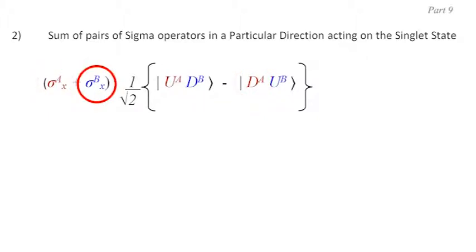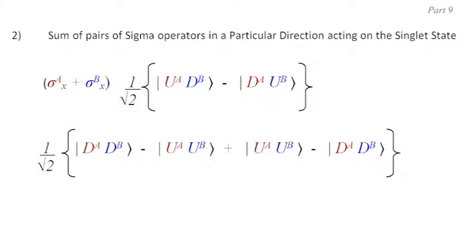The sigma bx will act in a similar way. This down will go up and this up will go down. This means that the new expression with the 4 terms in will look like this. Sigma ax has produced these 2 terms and sigma bx has produced these 2.